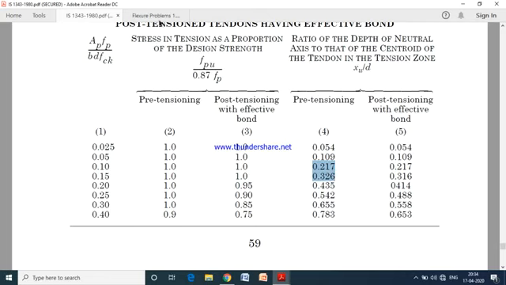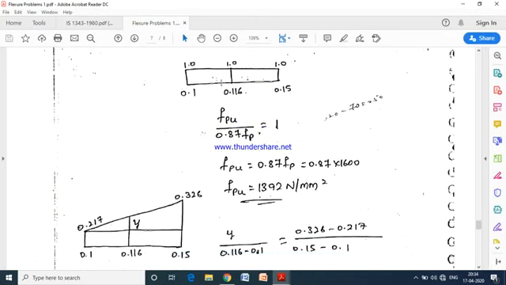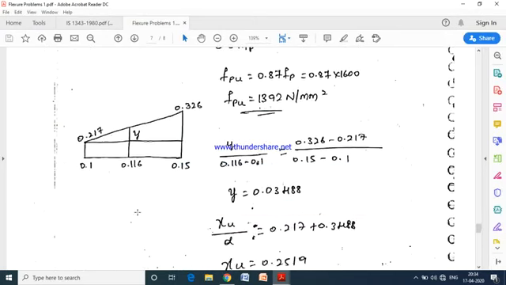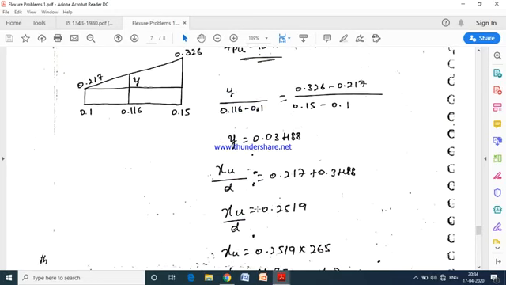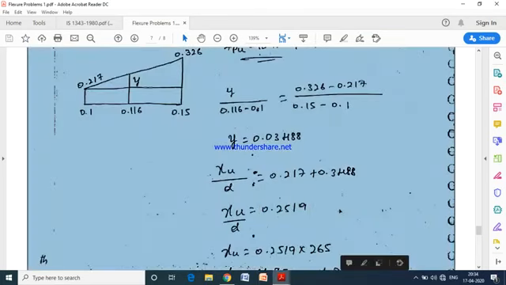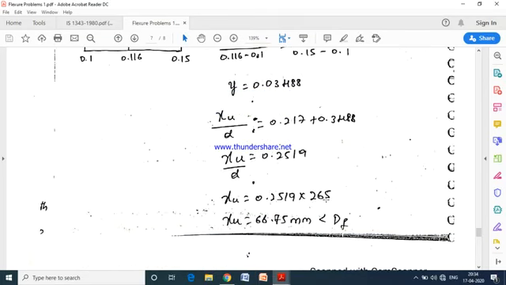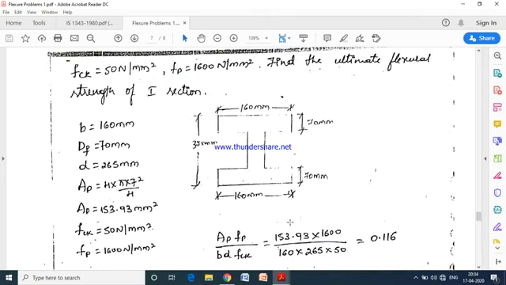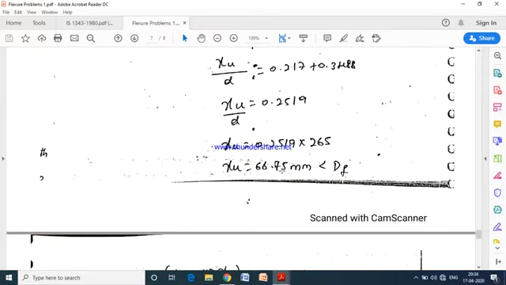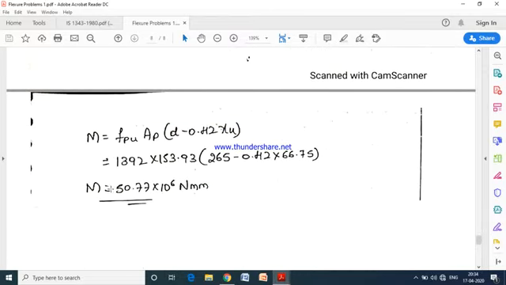So we need to interpolate for 0.116, and we have got the ratio as 0.2519, and hence the xu value. So xu is 66.75. Since the depth of the flange is 70 mm and here we have 66.75, it lies in the flange itself. So directly substitute in the equation and we get 50.77 × 10^6 N·mm as the ultimate flexural strength of the given member.